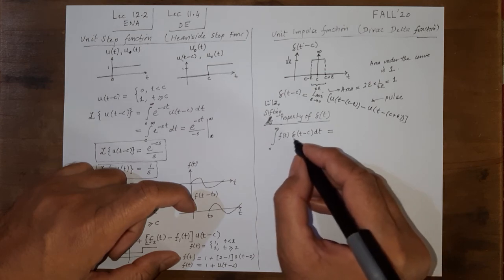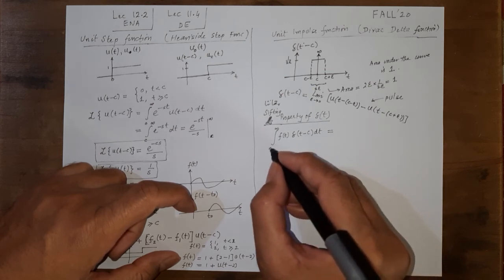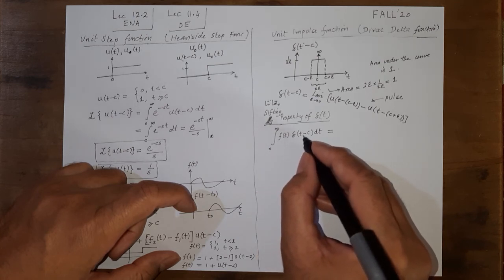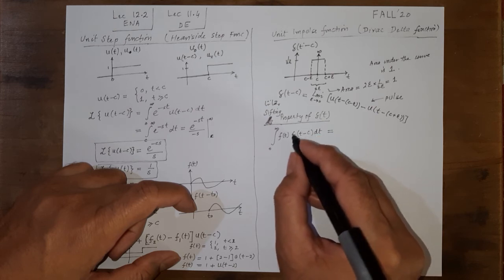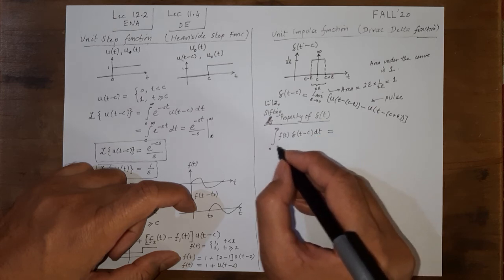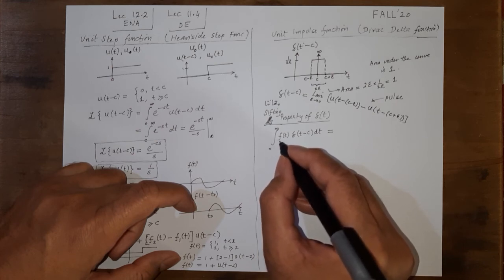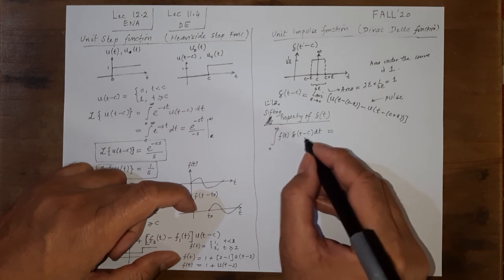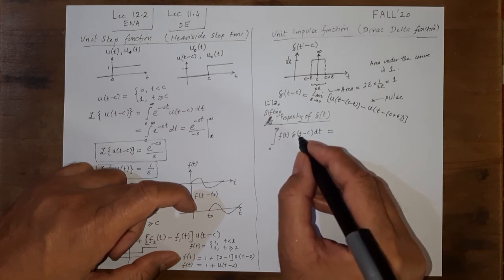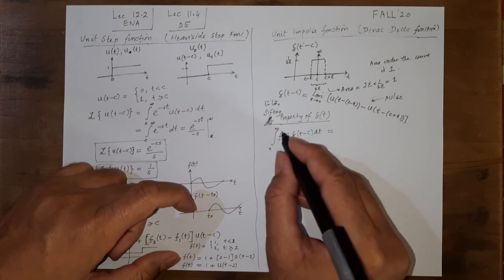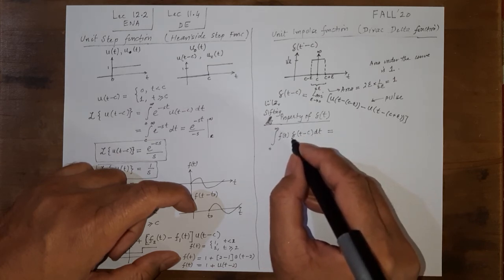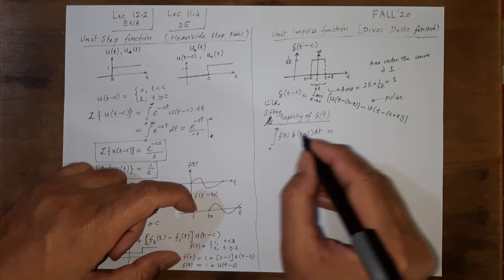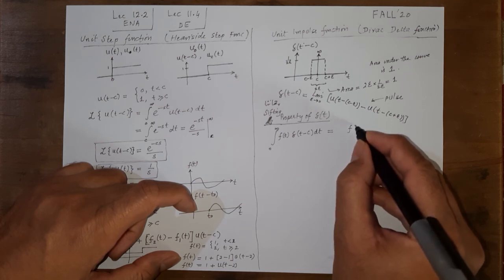What is going to happen? The integral from 0 to infinity passes through the point where this impulse exists, that is t equal to c. Up till c this integrand is 0, and after c it is 0. So the only point where this integrand will be non-zero is t equal to c. Exactly at t equal to c, f of t would be f of c.